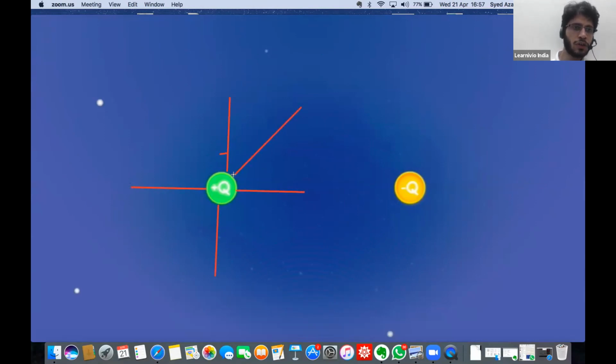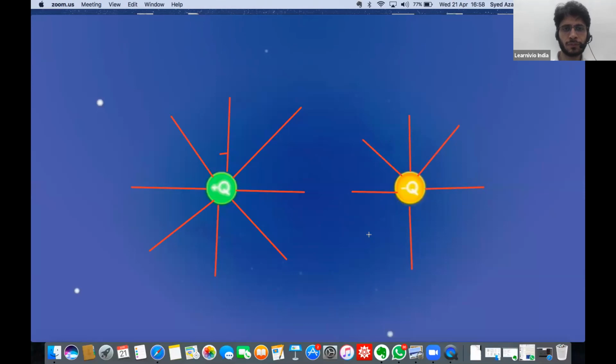So if you have an isolated positive charge and an isolated negative charge, then these are the field lines. Straight field lines, no interaction. So these are the field lines for an isolated positive or negative charge.